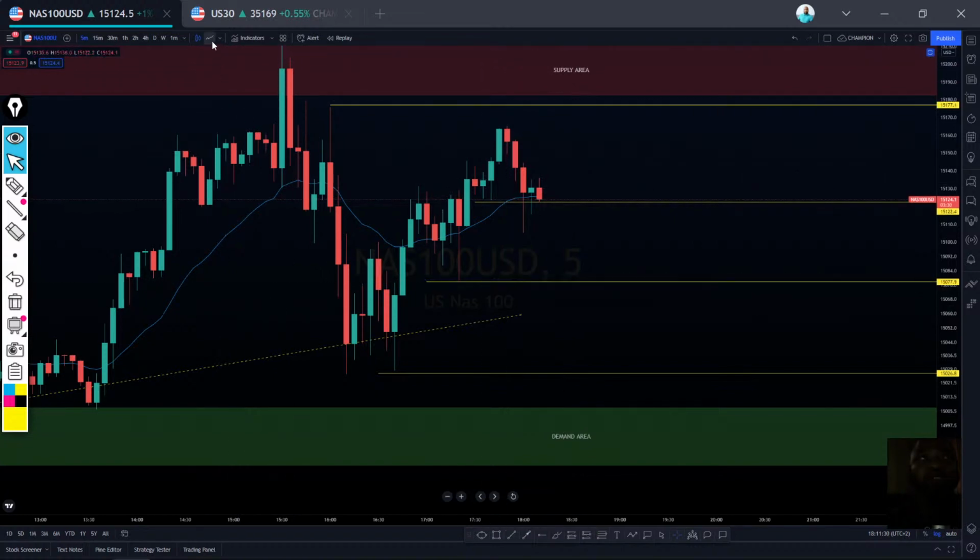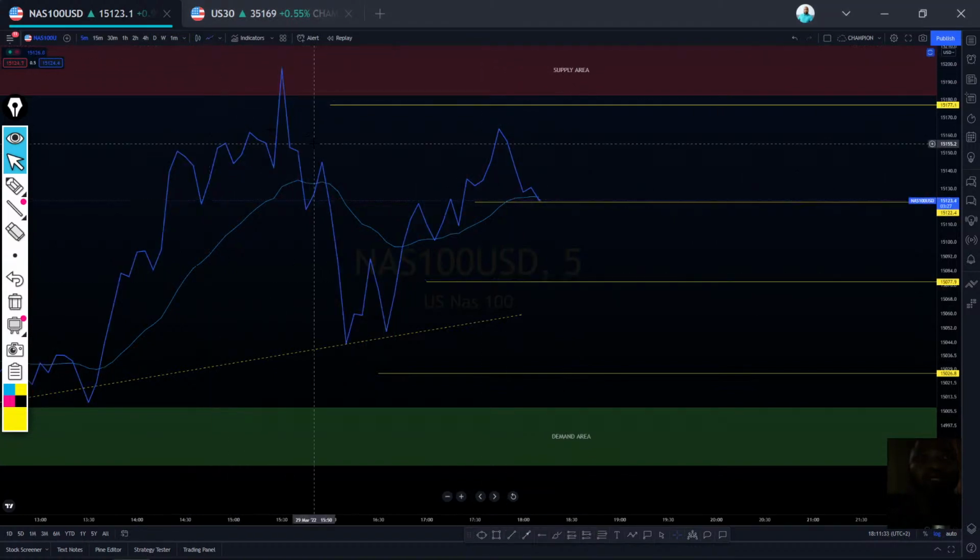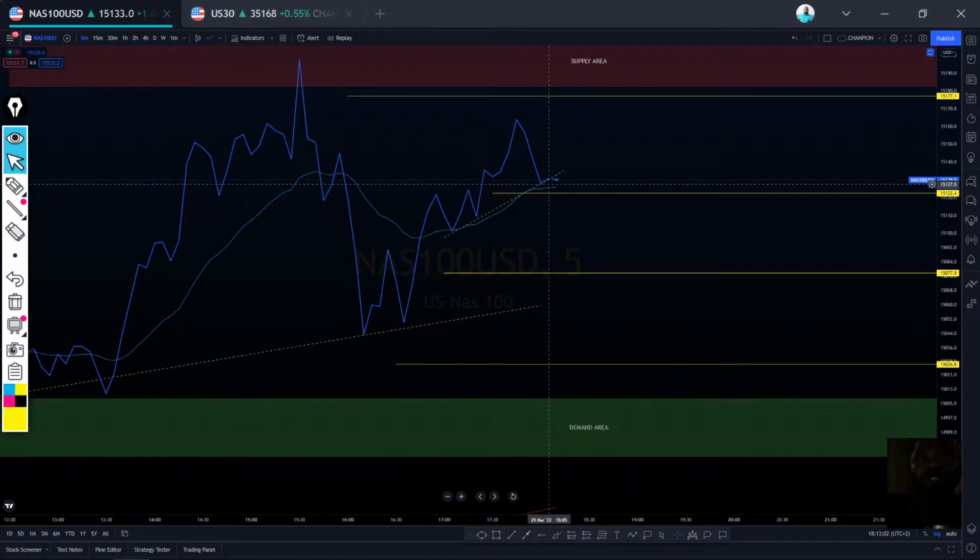Let me see where this is going with our line chart. You can see our price is always forming this type of structure. It seems like it's about to respect it and push towards the upside, or it breaks a small channel here and pushes towards the upside.